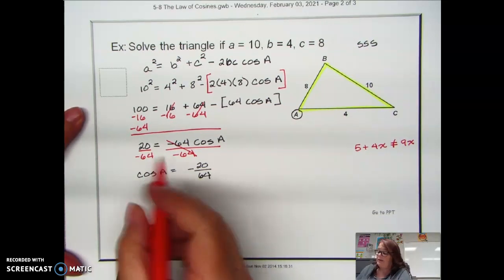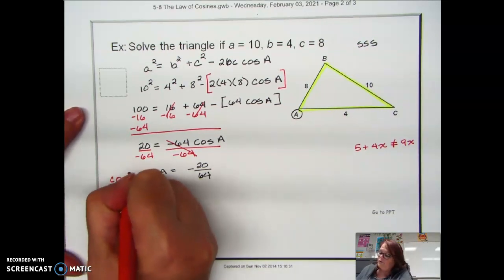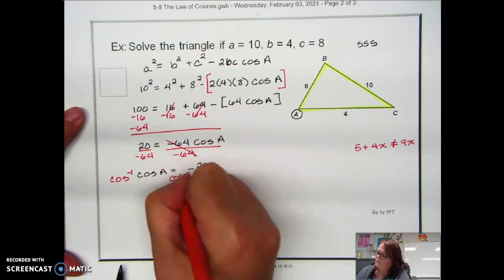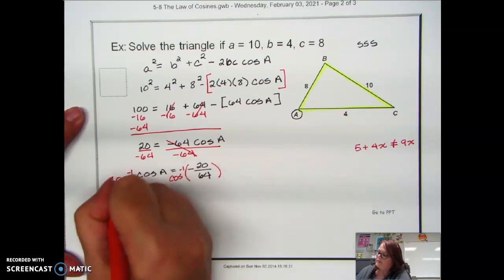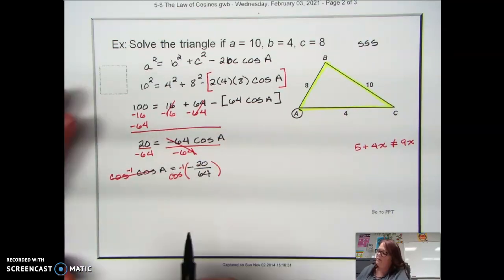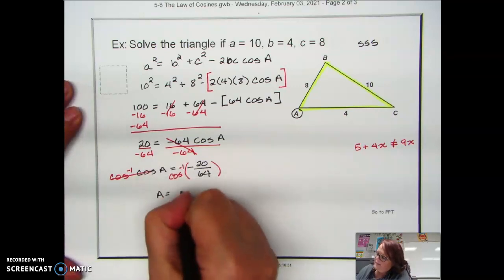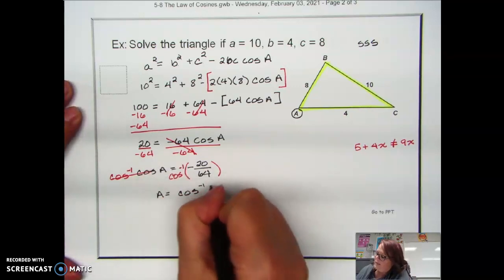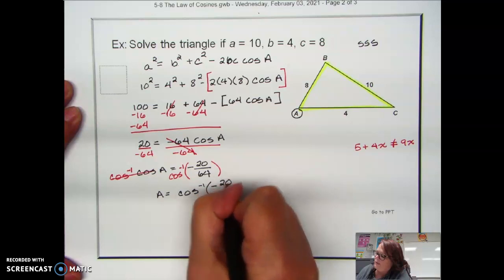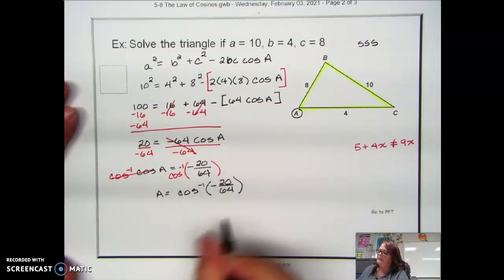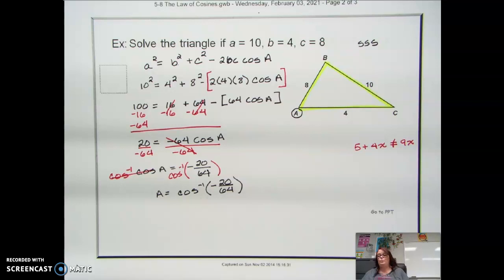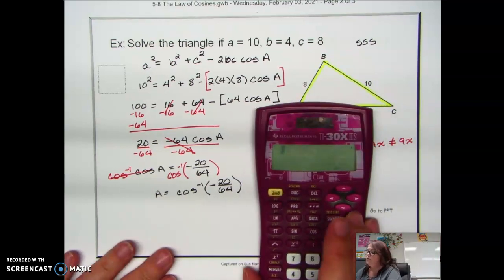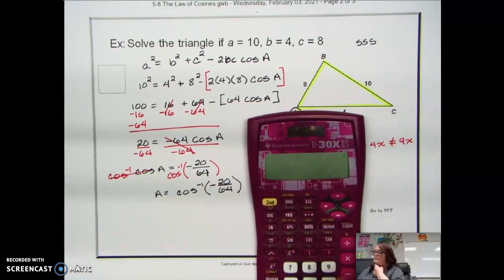It's a function, but I can take the inverse cosine of both sides. So that's telling me that the measure of angle A is equal to the inverse cosine of negative 20 over 64. So to be clear, that negative is really important, and if you don't use that negative, you're going to get the wrong answer.